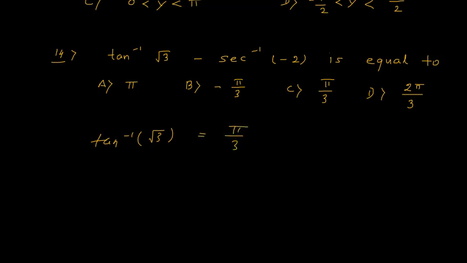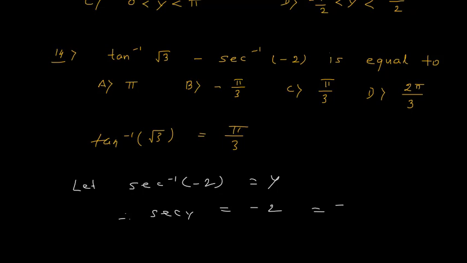And for sec inverse minus 2, we consider let sec inverse minus 2 be y. Therefore sec y is equal to minus 2. Now sec is the reciprocal of cos, and cos 60 degrees is 1 by 2.